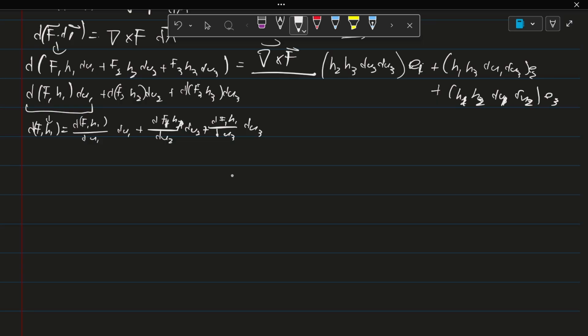We have already gotten rid of the idea of the area, and now we are introducing it back. The reason is very arbitrary, since the way that I try to differentiate this is technically not the correct way, but it is a very imaginative way. It's like taking du1 multiplied by another du1, in the same direction. It means that it doesn't have an area, which means that what will be left over is d(f1 h1) over du2 du1, and then the same thing for du3 du1. And then this will extend further for the other terms.